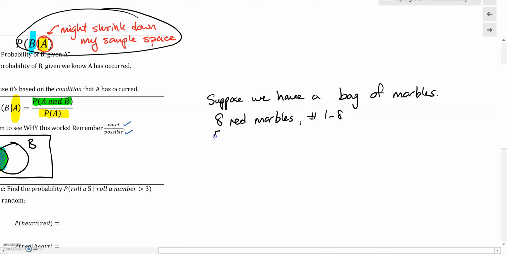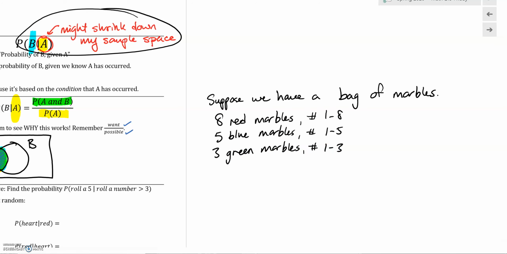I've got maybe 5 blue marbles numbered 1 through 5, and let's just say 3 green marbles numbered 1 through 3. So what I'm looking at is I've got 8 red marbles.